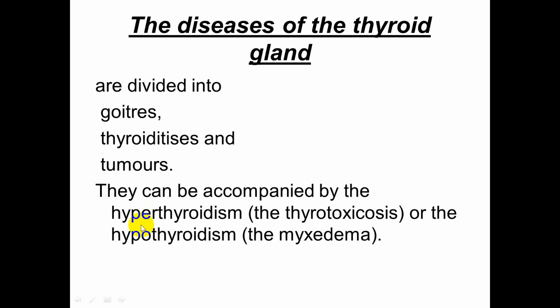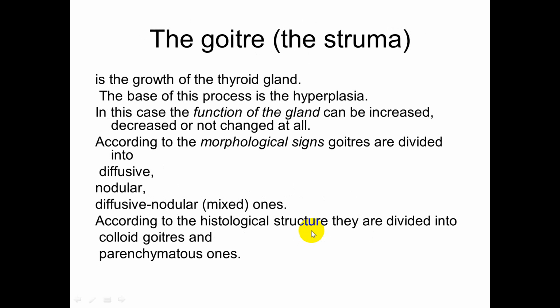Pathology of the thyroid gland. Diseases of the thyroid gland are divided into goitres, thyroiditis, and tumors. They can be accompanied by hyperthyroidism, thyrotoxicosis, or hypothyroidism, myxedema. Goiter, or another name struma, is the growth of the thyroid gland. The base of this process is hyperplasia.